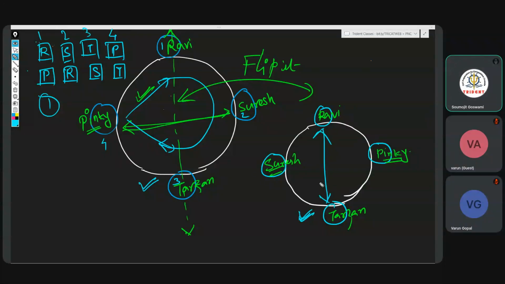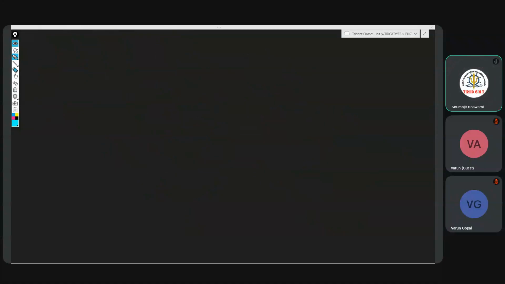The moment I say 4 positions, it becomes a little difficult to even visualize it. With 3 it is very easy, because, I'm just removing this, since I don't have a lot of space. Pay attention.